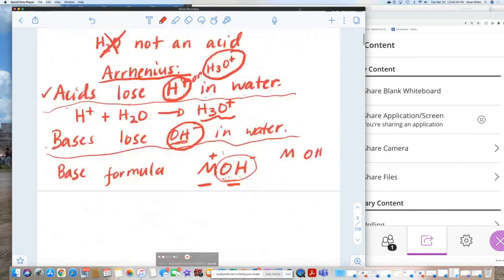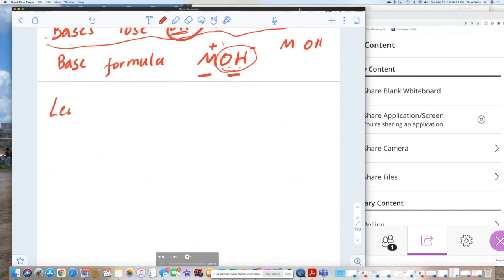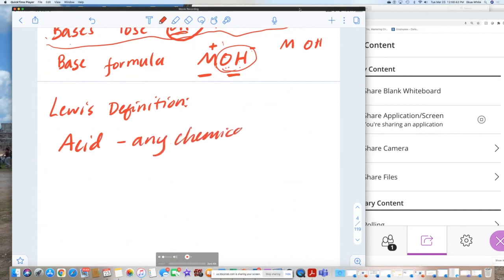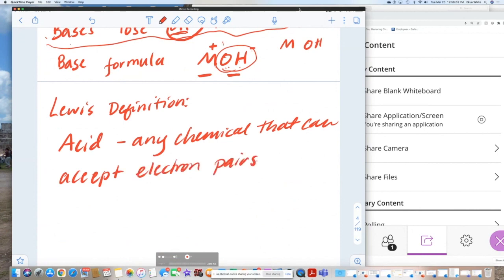So this time with Lewis, the acid is any chemical that can accept electron pairs. The definition of Lewis for the acid has nothing to do with hydrogen.